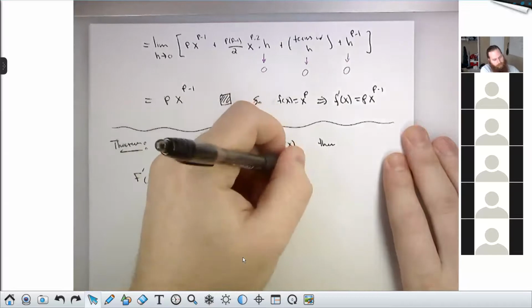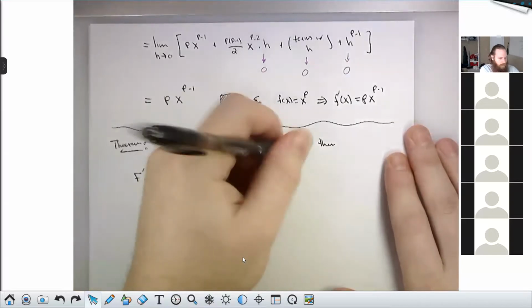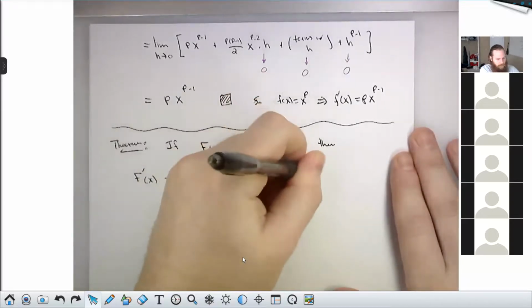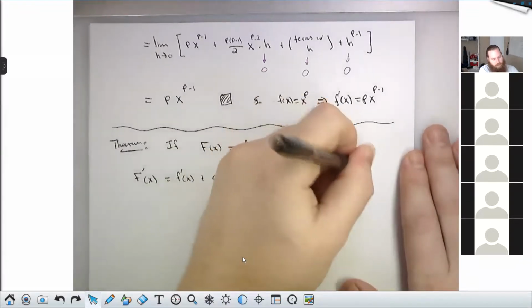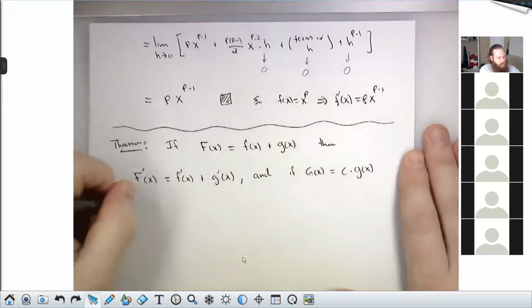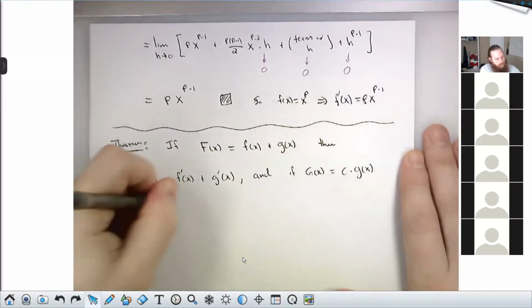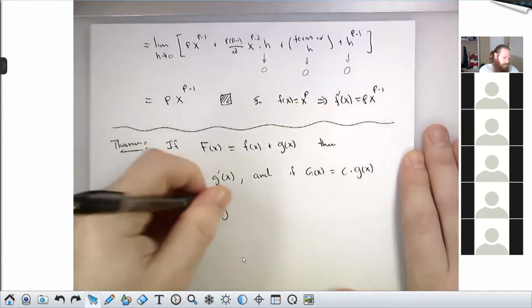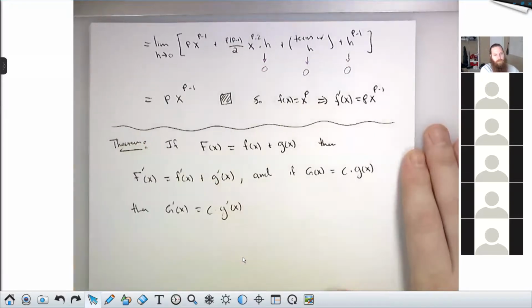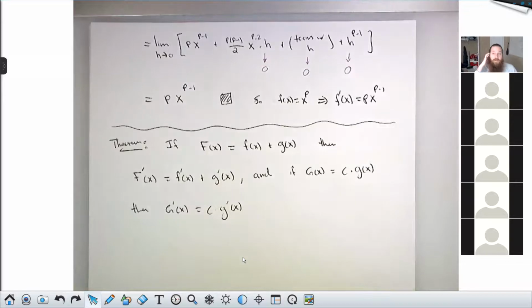And the derivative, if capital G of x is equal to a constant times little g of x, then G primed of x is c times little g primed of x. So derivatives play nice with addition, and they play nice with multiplication by constants.